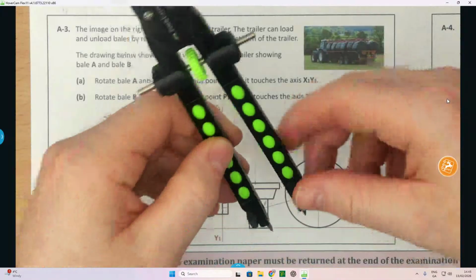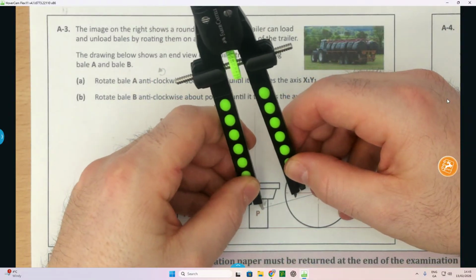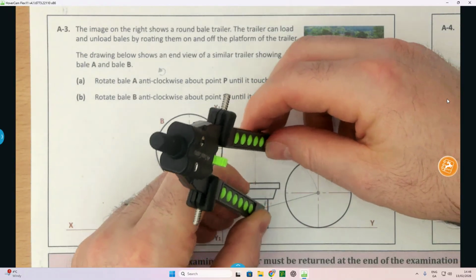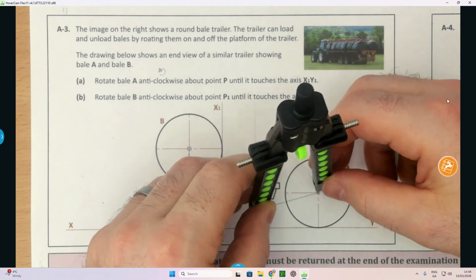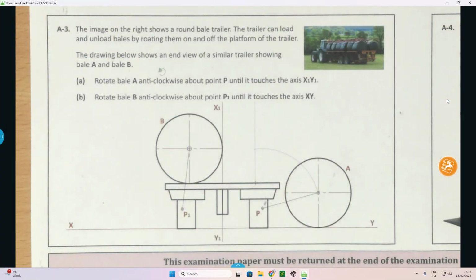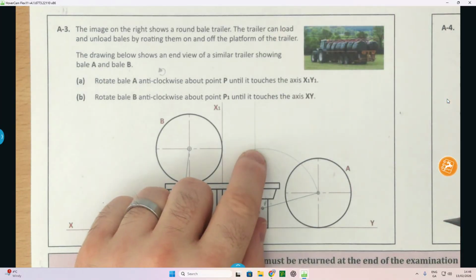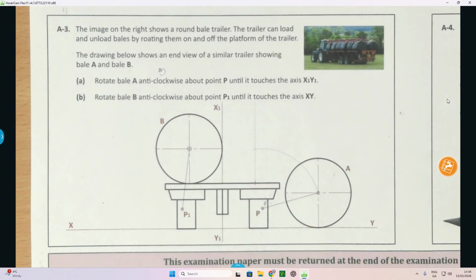Okay, so now I'm going to rotate the bale using point P into the center. I'm going to rotate the center of the bale until it goes up to there. Now that I've rotated it up to there, that should be my center point when it's in its correct position.